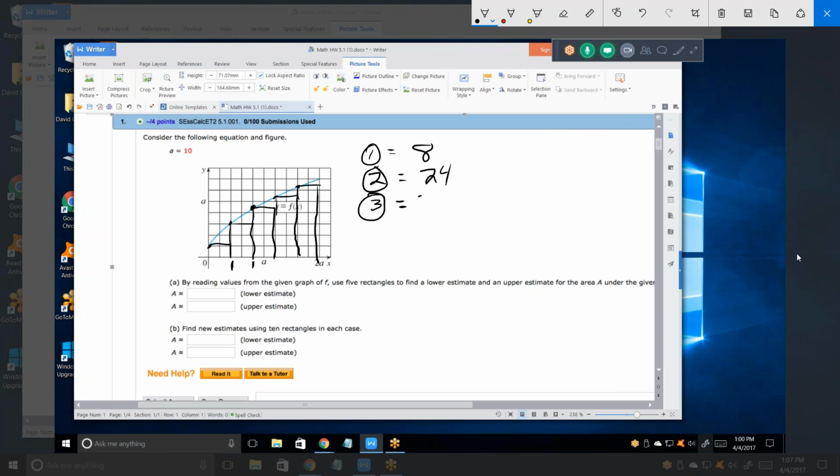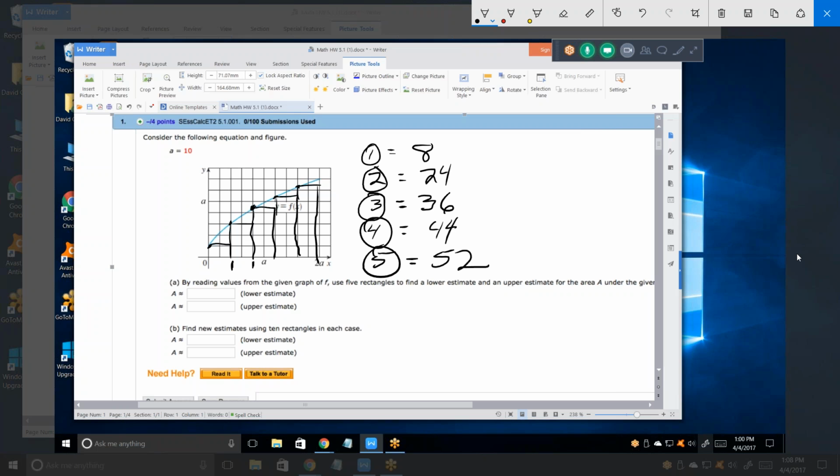So 4 times 9 is 36. Rectangle number 4 is 4 times 11, 44. And finally, rectangle number 5 is 4 times, that's 10, 12, 13. 4 times 13 is 52.